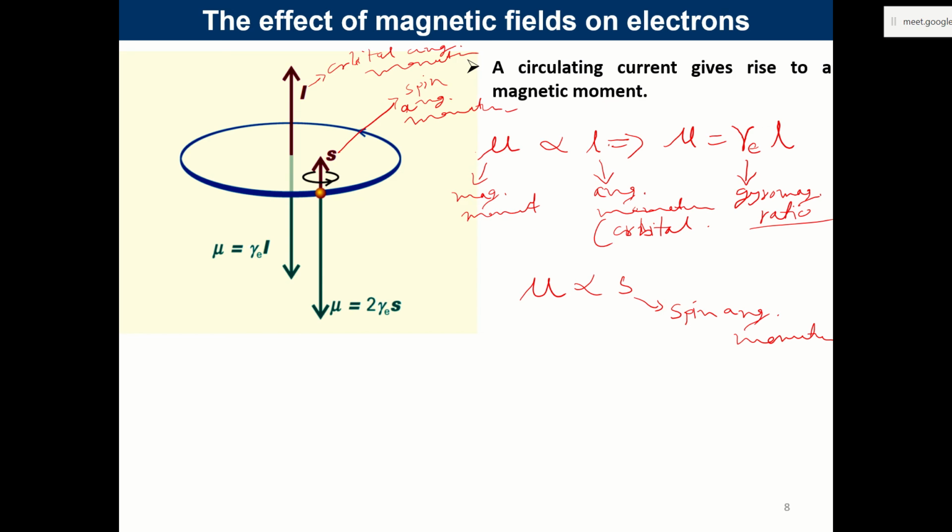You see the magnetic moment here, because if it is an electron, it is pointing in the opposite direction because it is a negative charge. The direction of magnetic moment mu is always opposite to the angular momentum in the case of an electron.